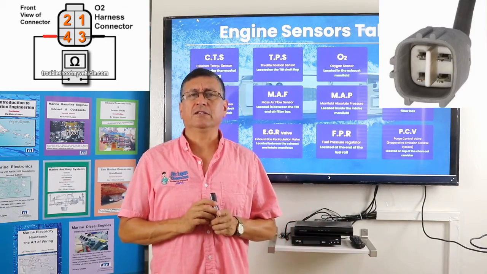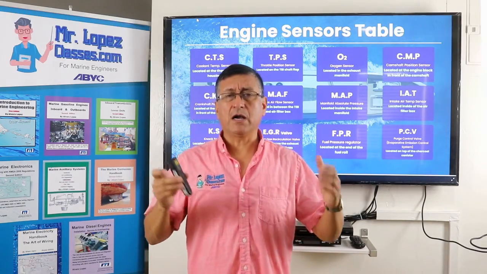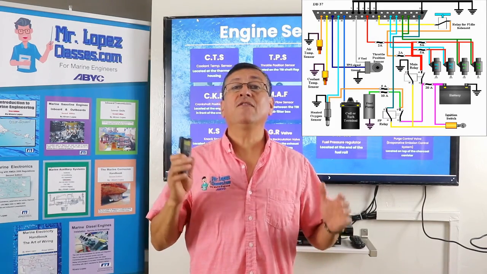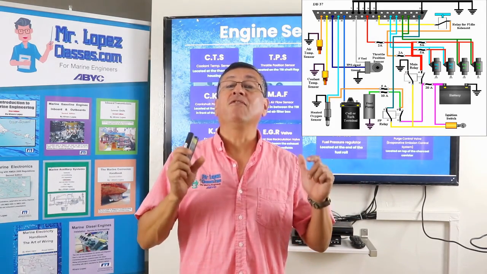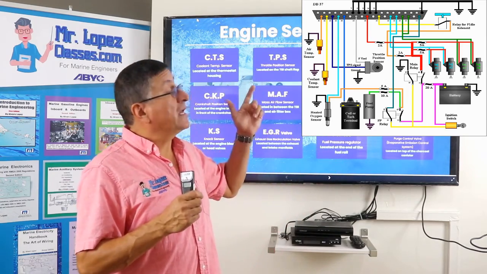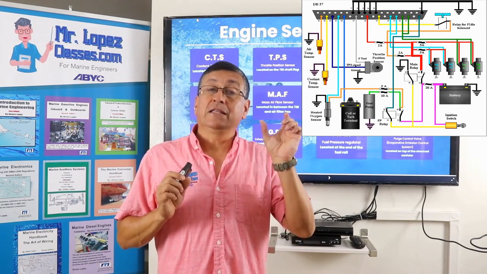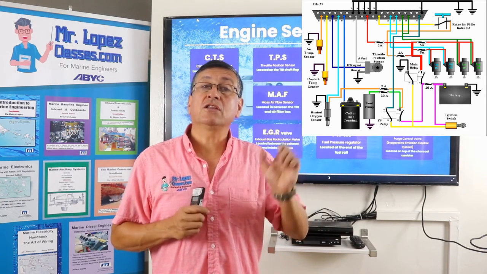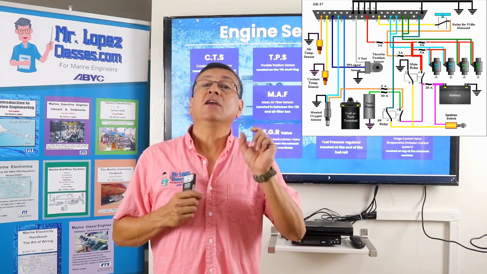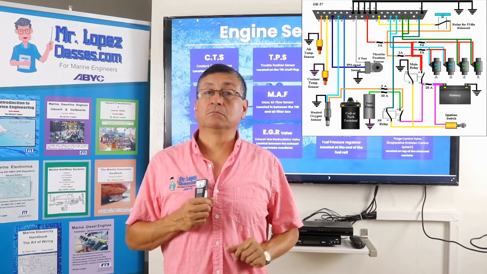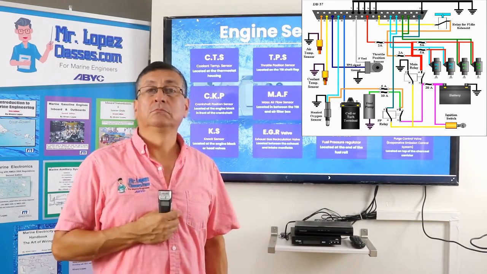For that reason, my friends, the most important part is the wiring diagram. If you have the wiring diagram, like this diagram that you have on the screen right now, you can follow the pins on the socket of the computer, and you can identify which pin is dedicated to each sensor. This is a great example.